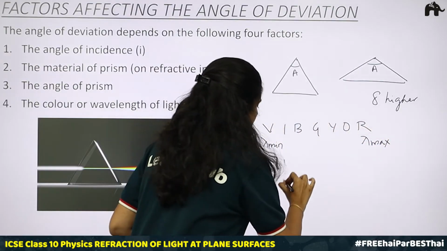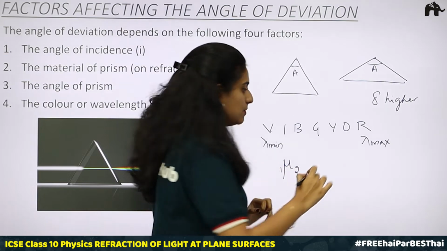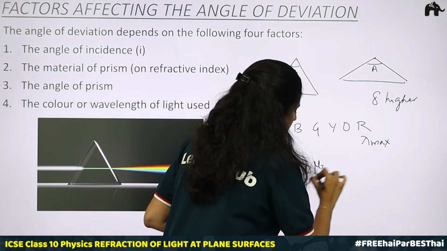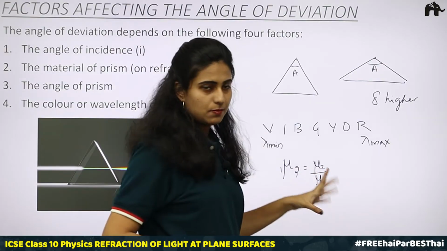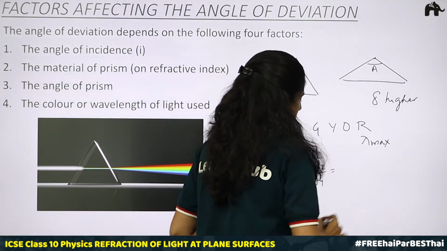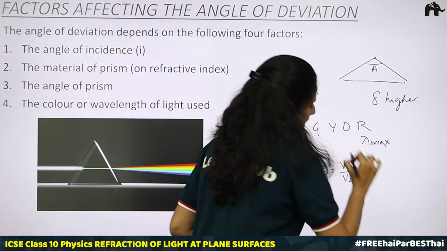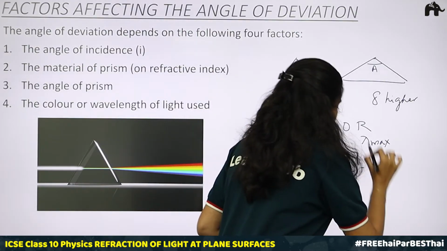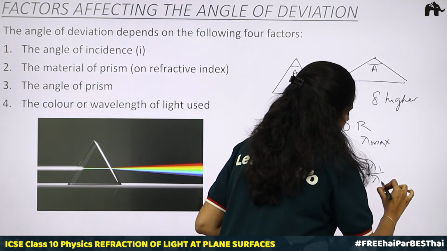We have the refractive index of the second medium with respect to the first medium equal to mu2 divided by mu1, the refractive index of the second medium by the refractive index of the first medium. That is equal to the velocity of light in the first medium by the velocity of light in the second medium, which is equal to the wavelength of light in the first medium divided by the wavelength of light in the second medium.